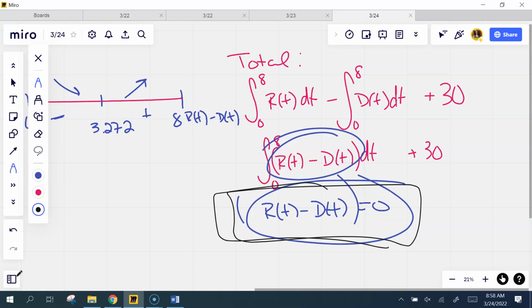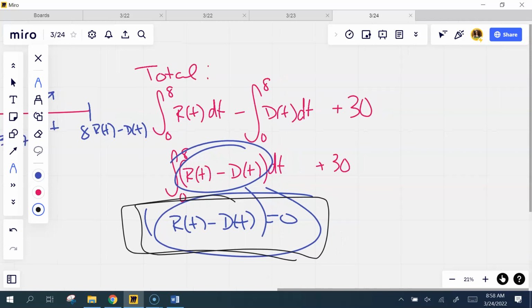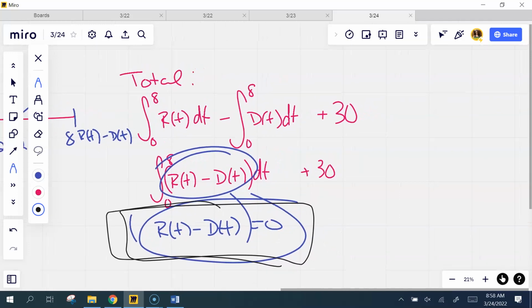All right. The last one was the easiest one because it said the pipe can hold 50 cubic feet of water before overflowing. When t is bigger than 8, the water continues to flow into and out of the pipe at the given rates until the pipe begins to overflow. Write but do not solve an equation involving.